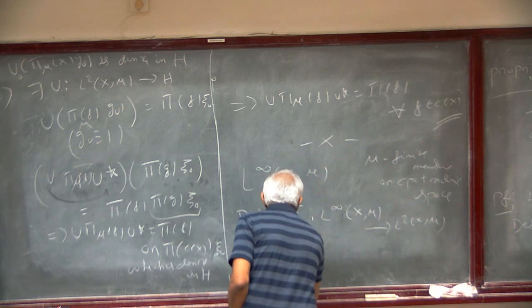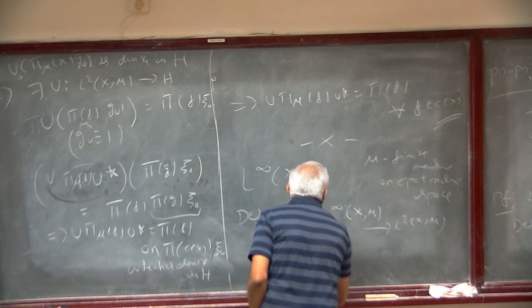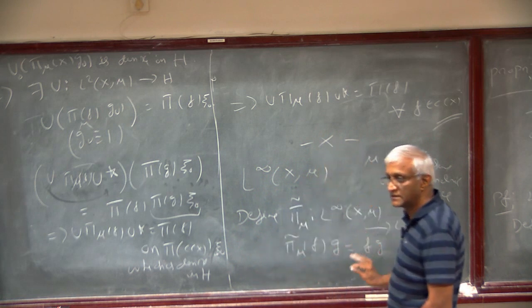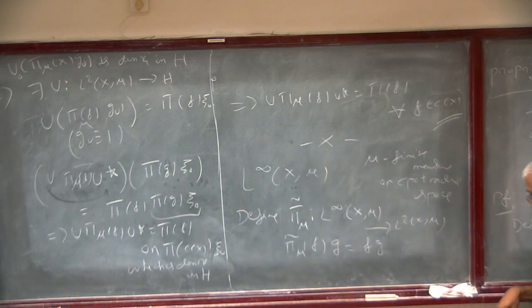Pi mu tilde of f acting on any g is just the multiplication by f.